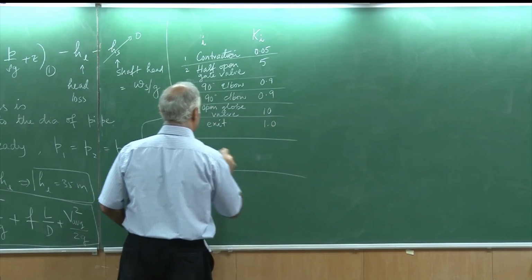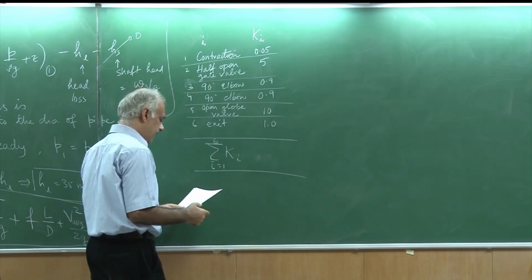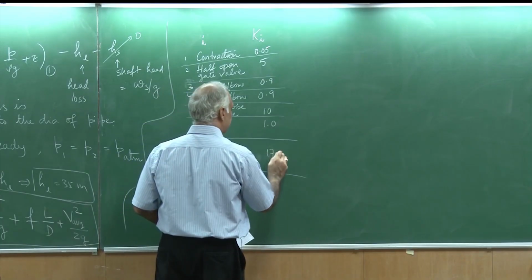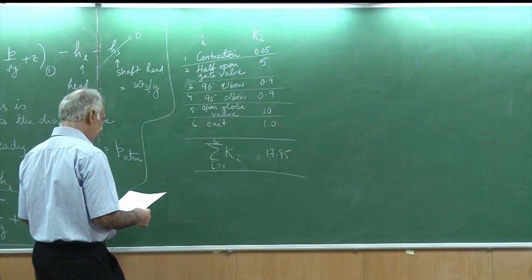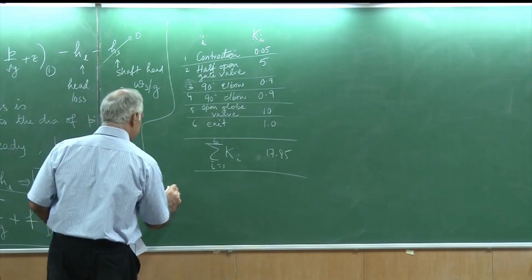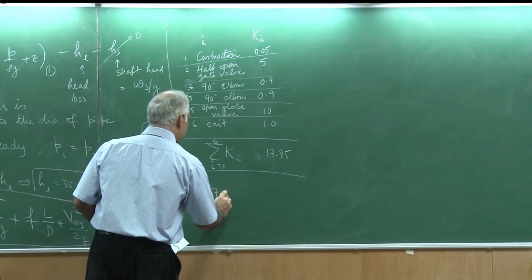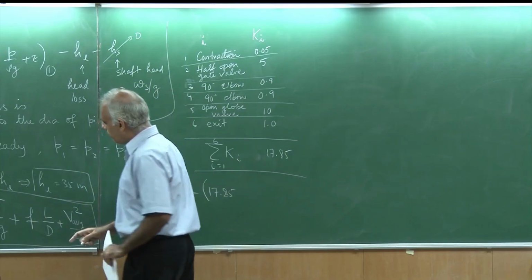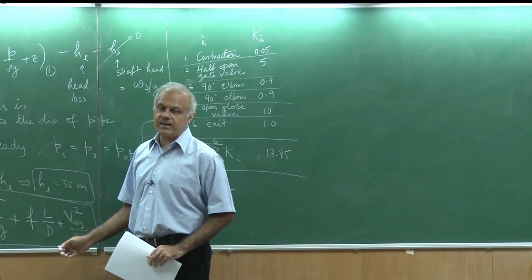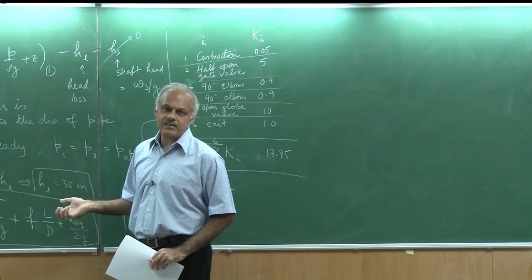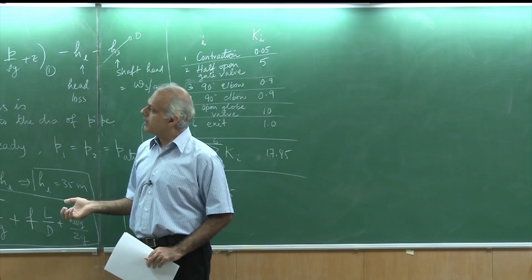If I look at the summation of Ki, i going from 1 to 6, and add them up, that is 17.85. So I could therefore write that my head loss, which is 35 meters, is equal to 17.85. Now I'll argue that the speed throughout the pipe and the fittings is identical, since it is exactly the same diameter, which is 5 centimeters.